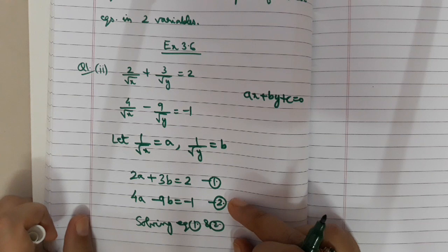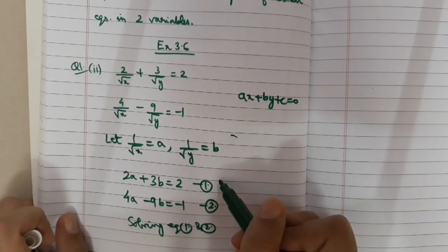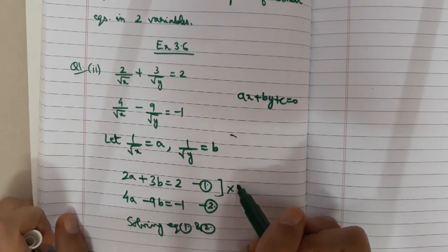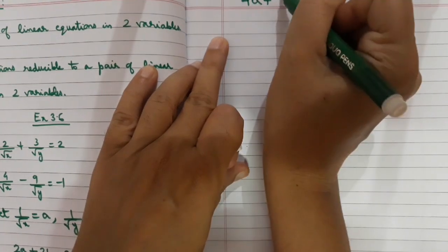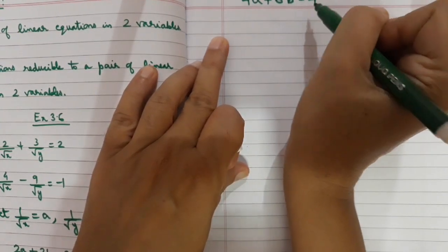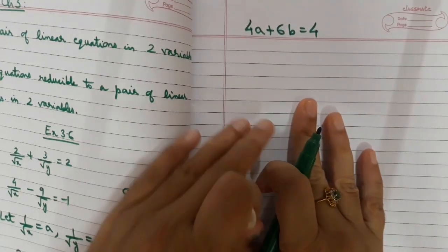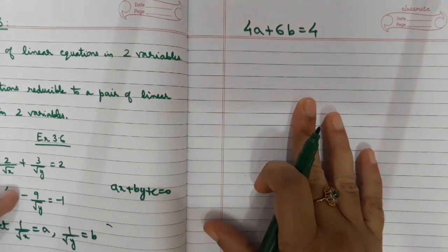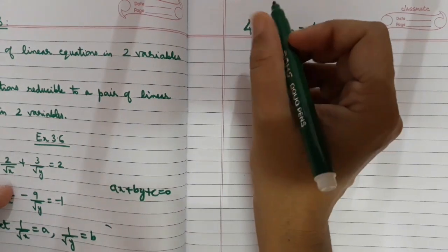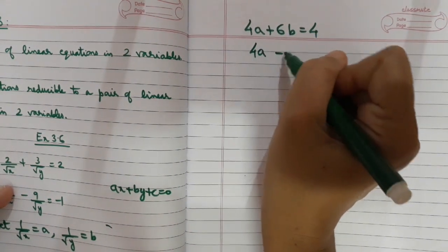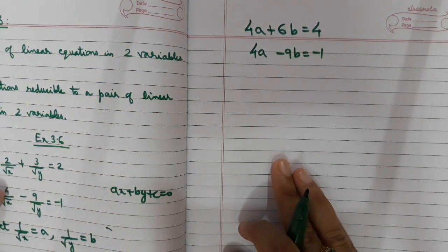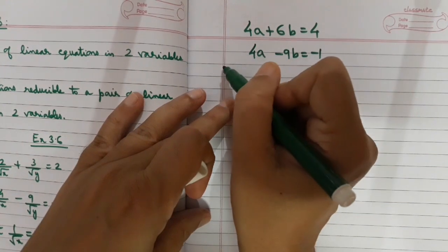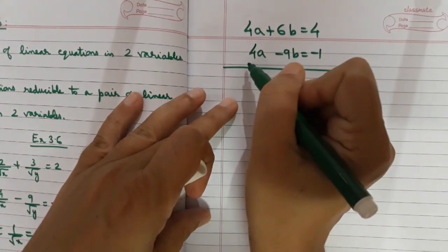So over here I am using the elimination method. For this I multiply the first equation by 2. So over here we obtain 4a plus 6b is equal to 4. This is the first equation that we obtain, and the second equation with us is 4a minus 9b is equal to minus 1. Now to solve this we subtract the two equations.